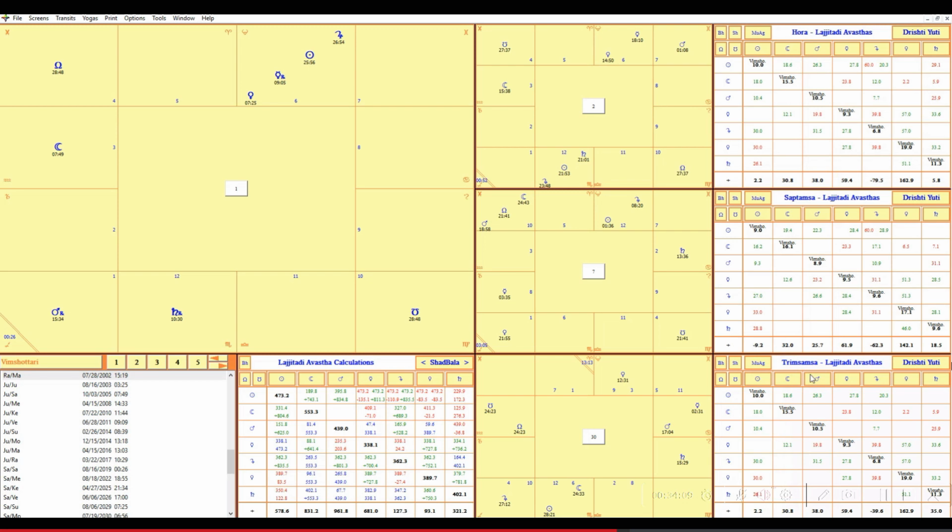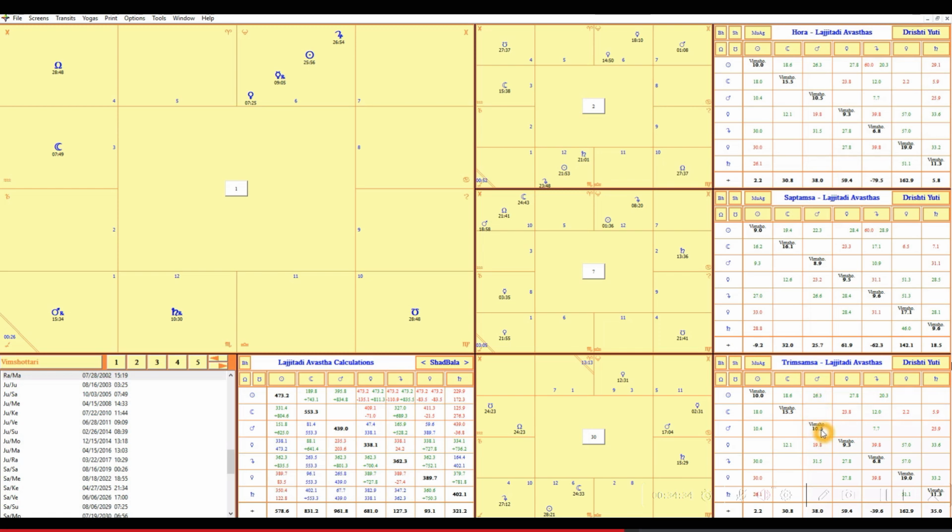Now, if we look at Mars here, we see that Mars has a Vimshopaka of 10.5. That means the percentage of the starvation it's going to get is going to be 9.5 divided by 20, because Vimshopaka goes up to 20, right?